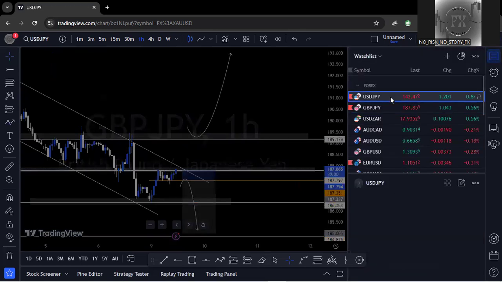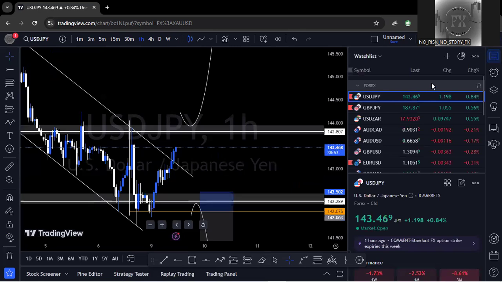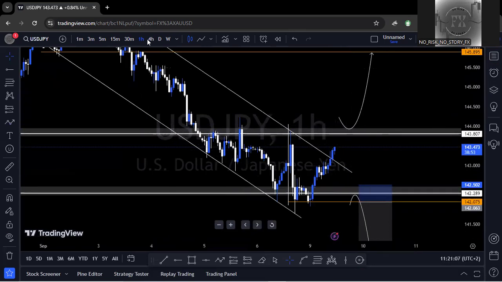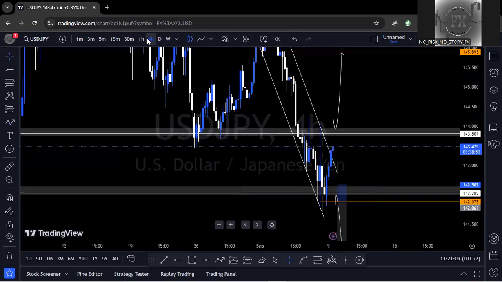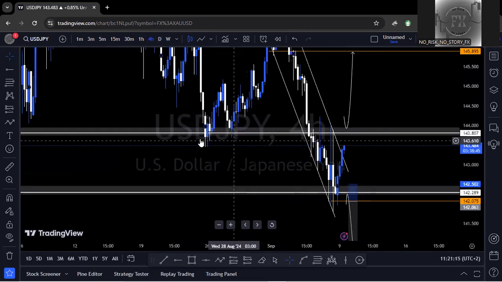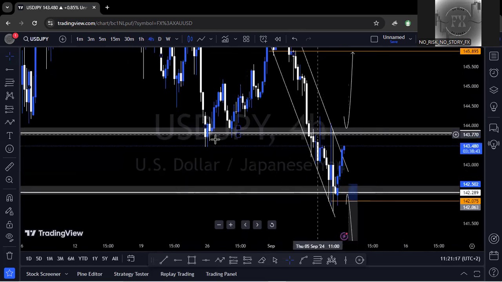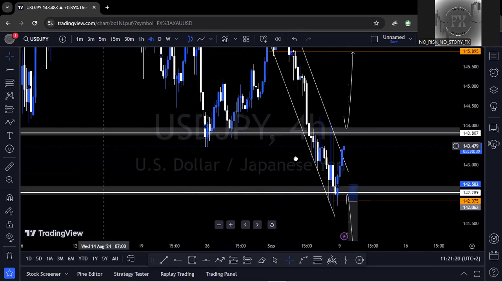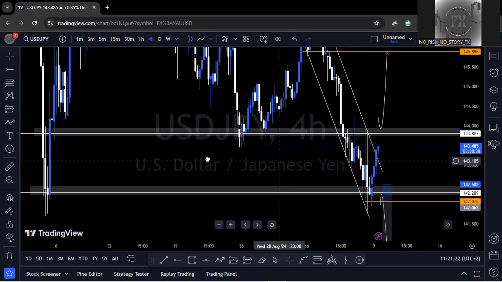And then USDJPY, same thing on USDJPY. I think USDJPY is just coming to retest this strong resistance here, which was previously a support area.